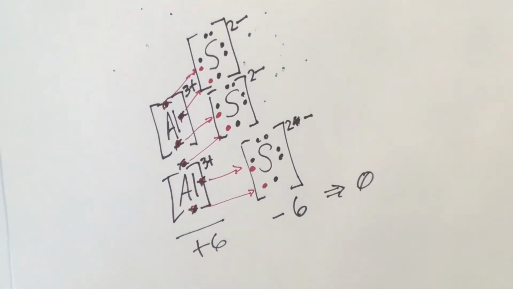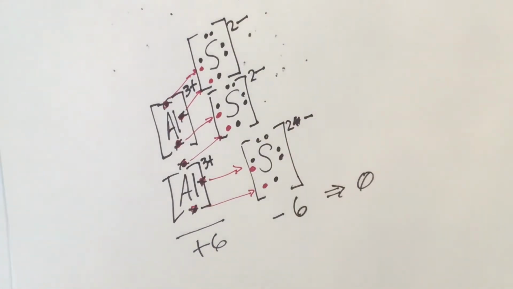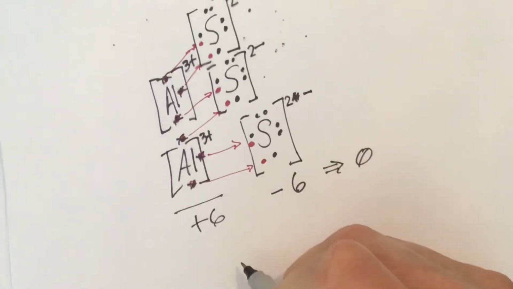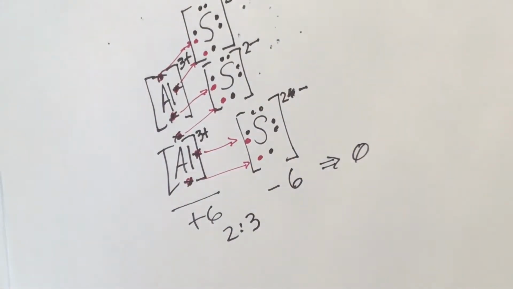So as we can see, we're going to need 2 aluminums and 3 sulfurs. 2 + 3s, 3 - 2s to equal 0. So this is going to combine in a 2-to-3 ratio. 2 aluminums to 3 sulfurs.